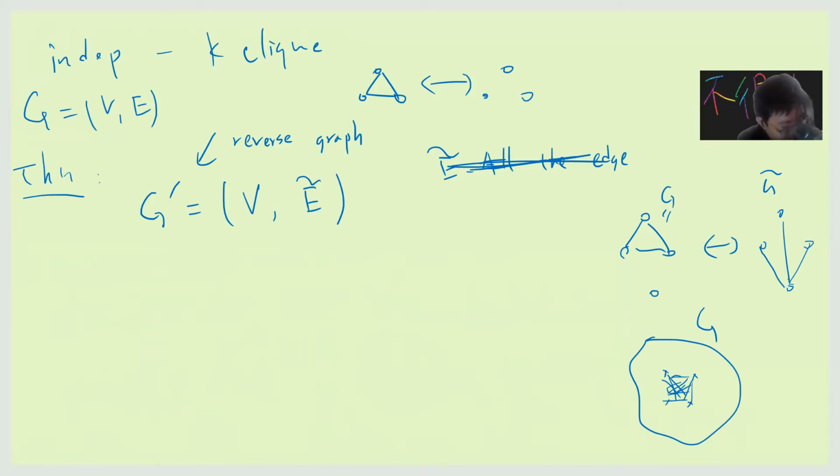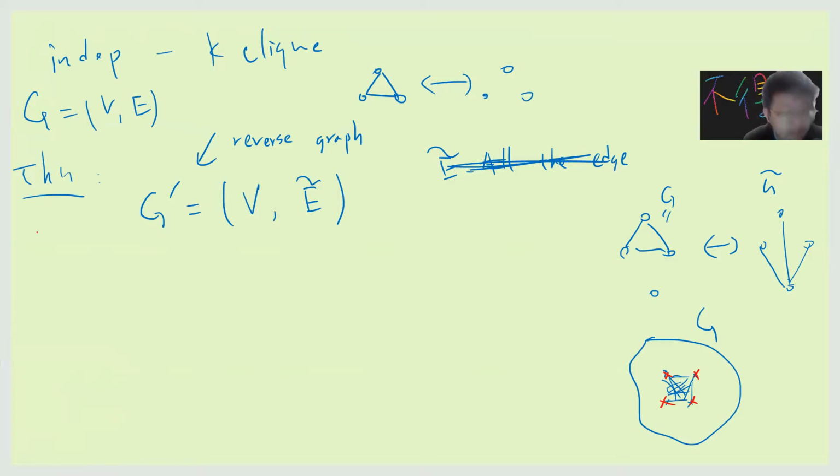Okay, so if you reverse this graph, then there will be no points connected, right?